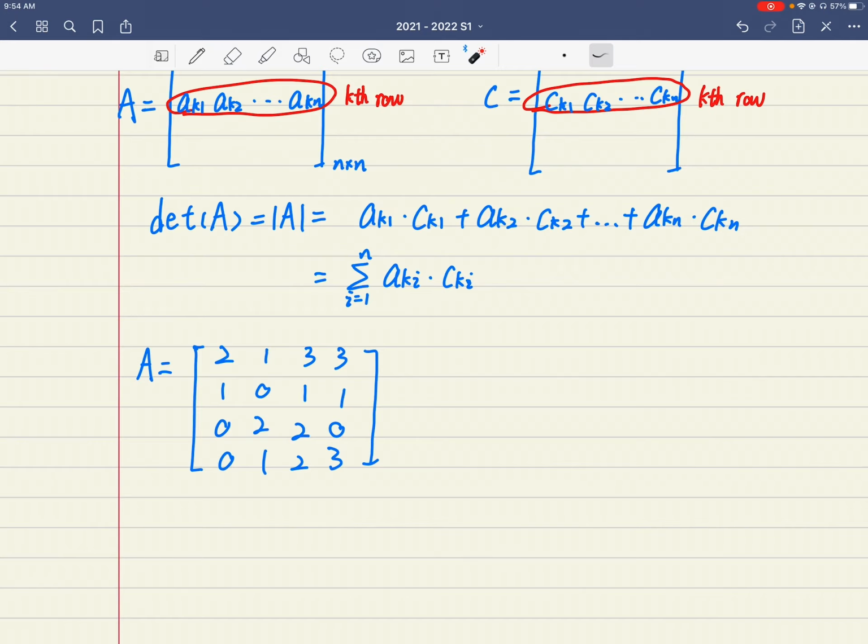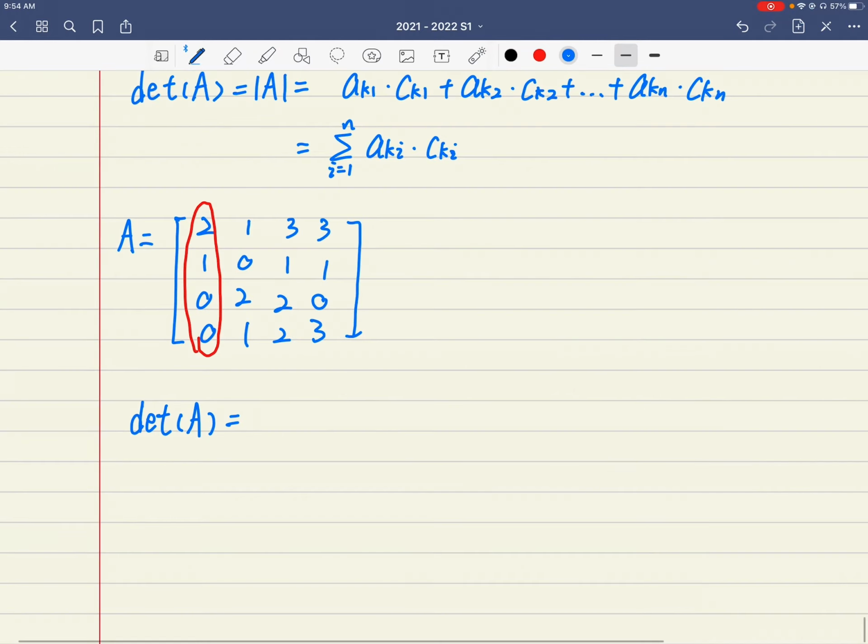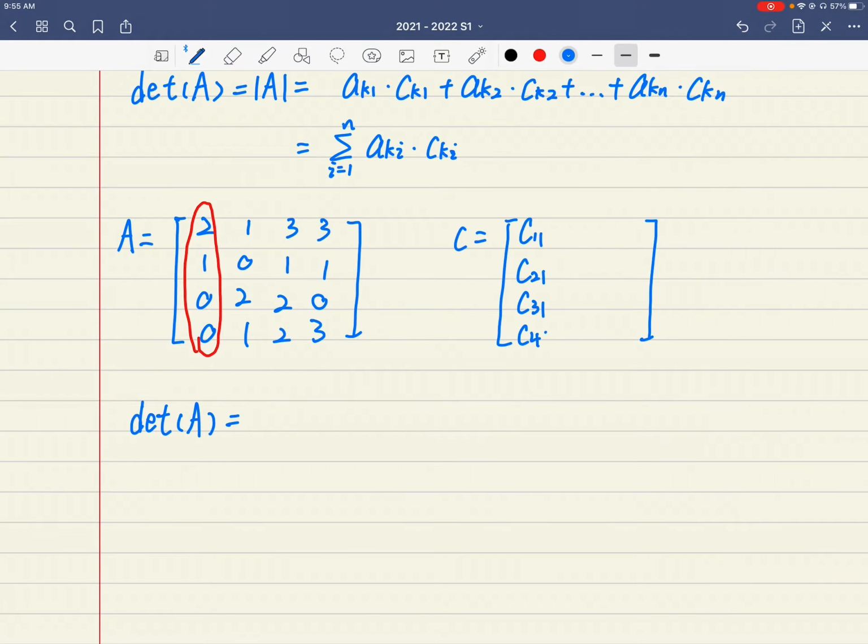Evaluate the determinant of A by cofactor expansion along the first column. So I pick the first column. You don't have to figure out the entire cofactor matrix. You just need the first column of the cofactor matrix, which is C11, C21, C31, C41. You just need to figure out these four.